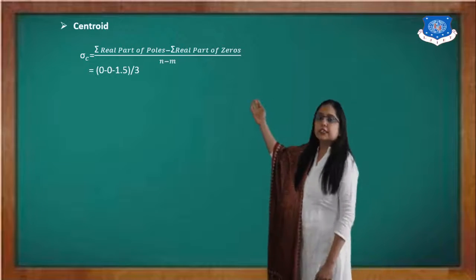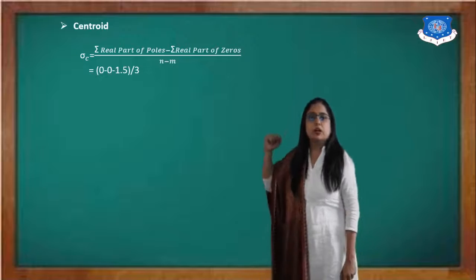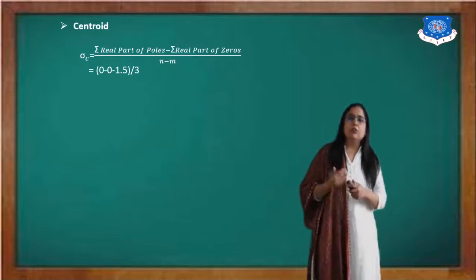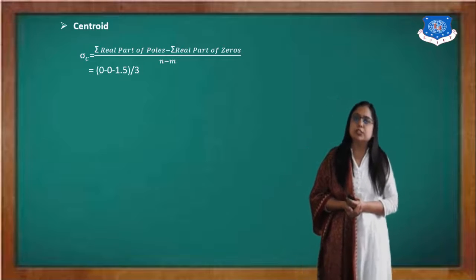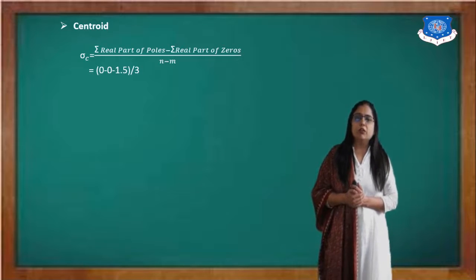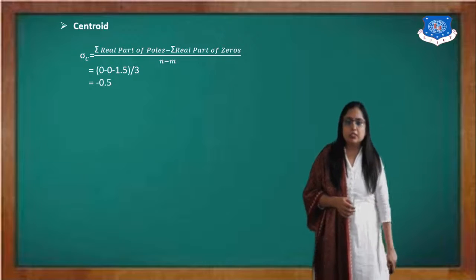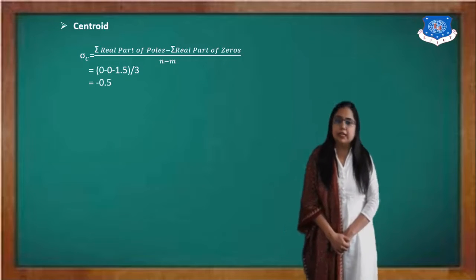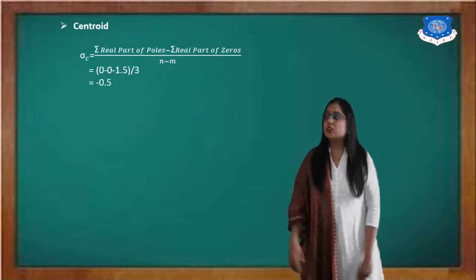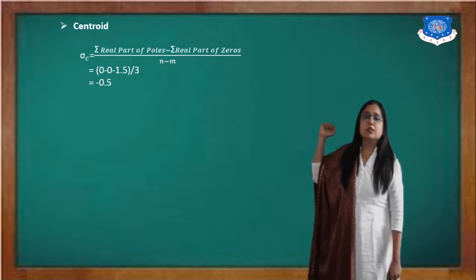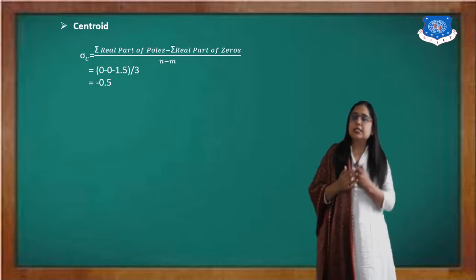We get 0 plus 0 minus 1.5 divided by the value of n, which is 3, minus the value of m, which is 0. So we get divided by 3. When you solve this, minus 1.5 divided by 3 equals minus 0.5. So minus 0.5 is the centroid.